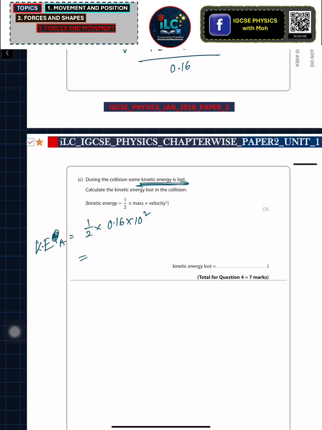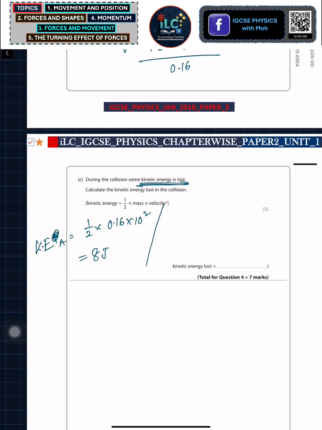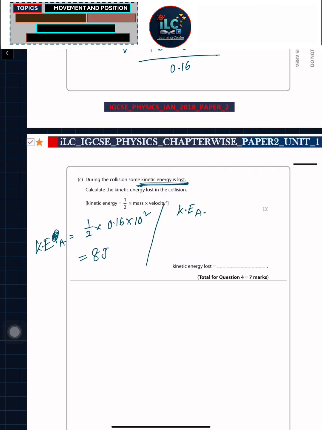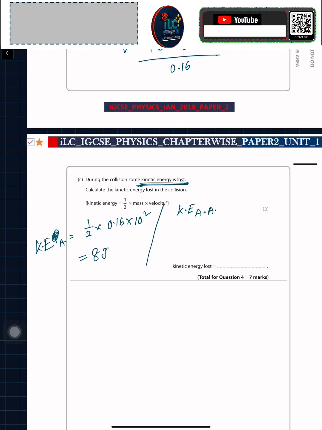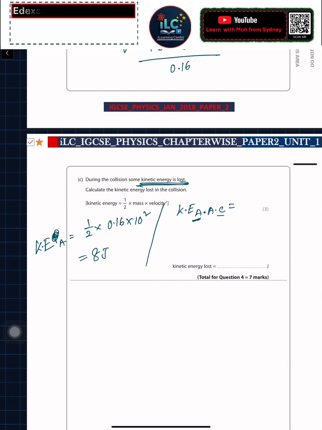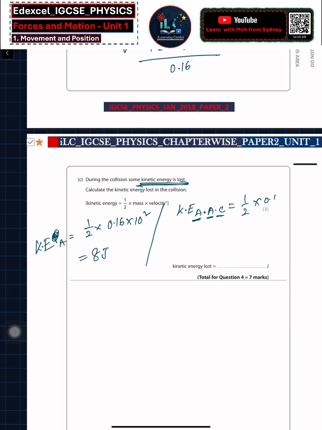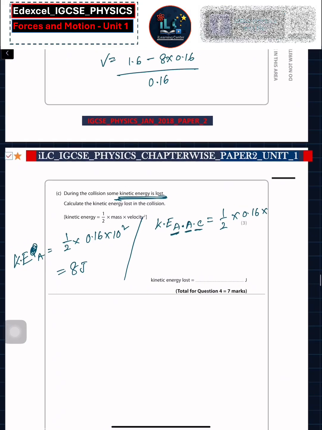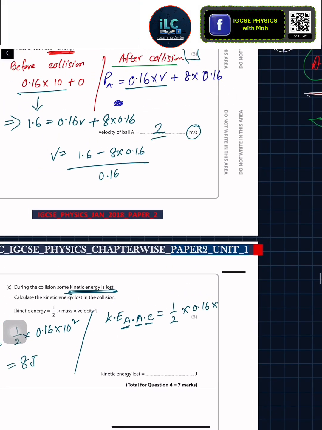Now, if I come to the next portion, it says kinetic energy of A after collision. Half times 0.16 times, what do we get? We get this as 2.